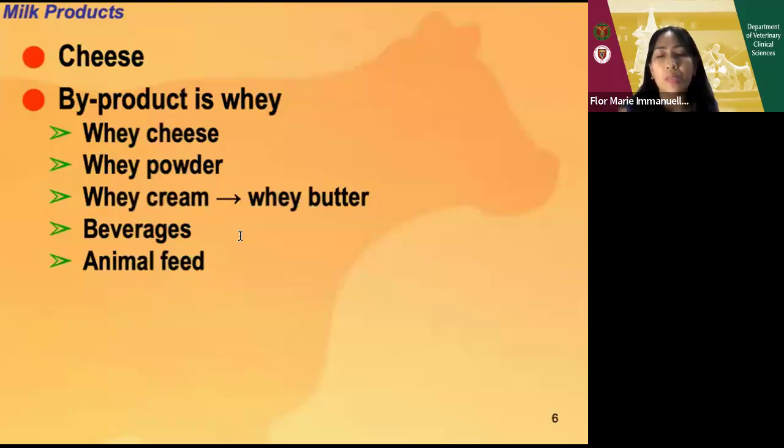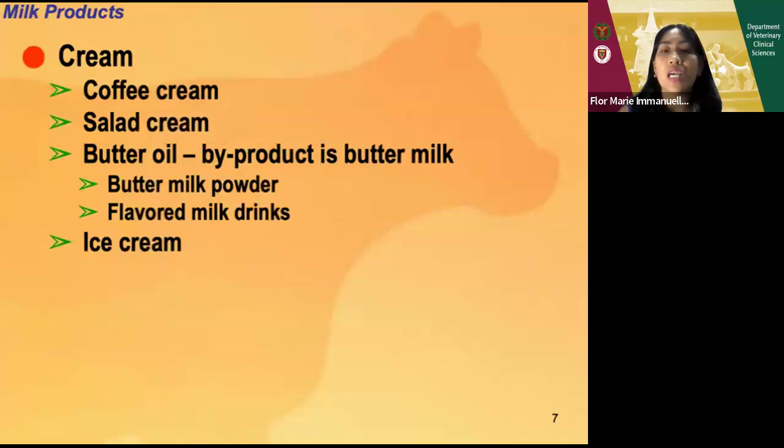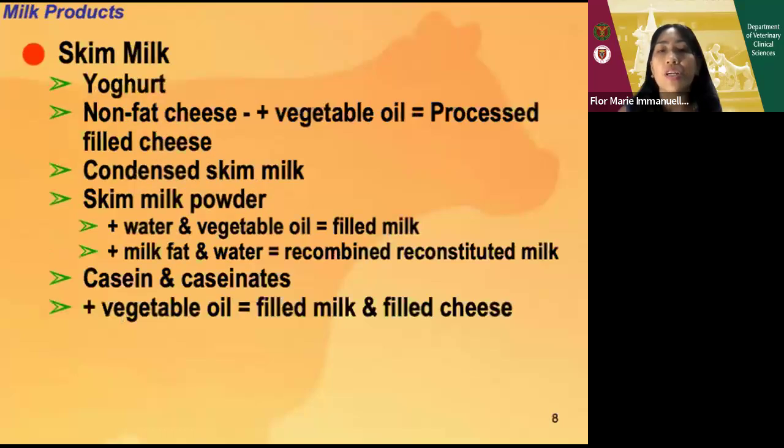Many other byproducts from this are your whey cheese, whey powder, whey cream, beverages, and animal feed. And lastly, you have your cream for your coffee cream, butter oil byproduct, and then cream. And for your skim, you have your condensed milk, skim milk powder, casein, caseinates, and vegetable oil, which may come from your filled milk and filled cheese.